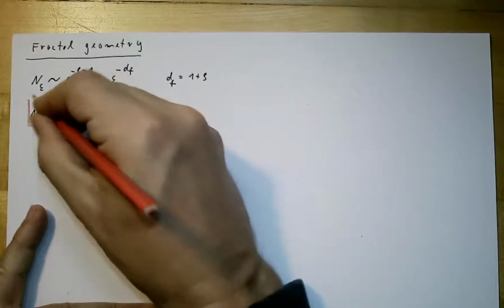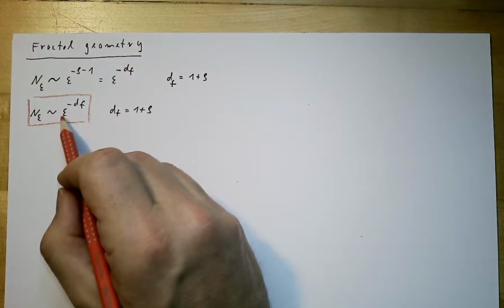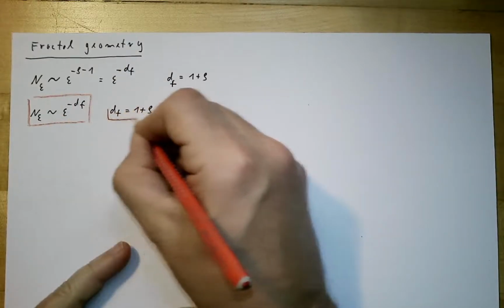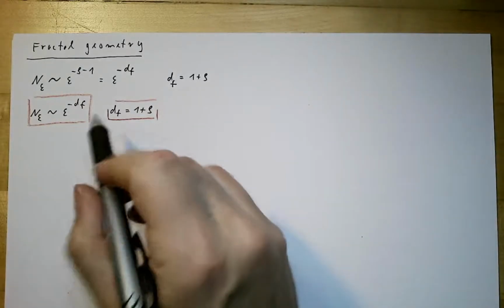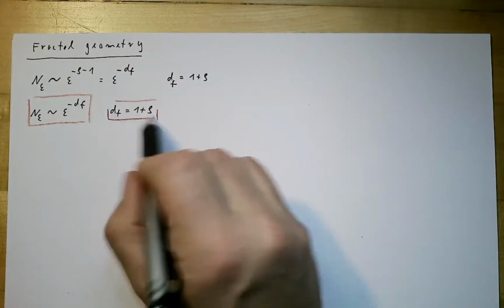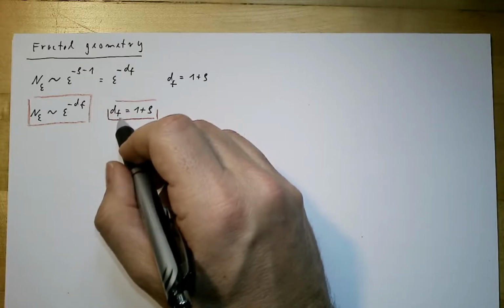So again, the number of objects we need is a power law of the scale. So we have different power laws, and that's the typical thing. We have seen quite often that if you have different power laws, the critical exponents are related by simple numbers.